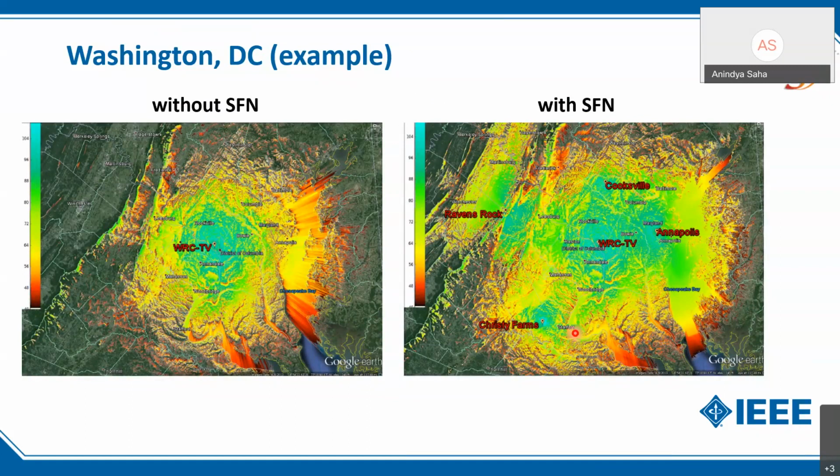You can see that not only is the coverage area improved because of the SFN, but also regions where the coverage was poor earlier now have high signal strength because of the additive signal power. Typically such pictures are called heat maps, which show the relative signal strength.